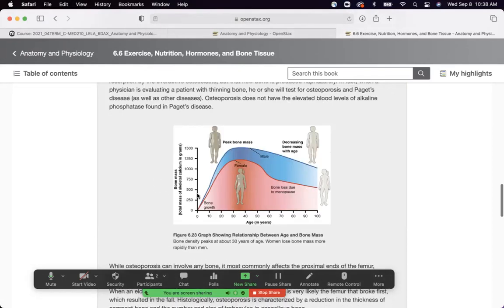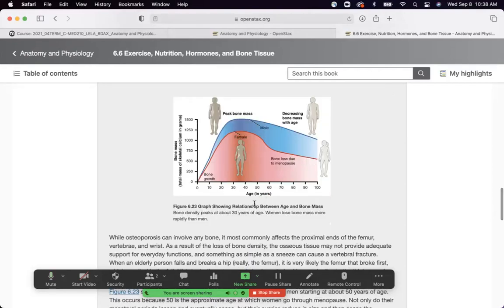And of course, aging, what happens? You have decreasing bone mass with age, and especially women. Why women? Why women more than men? Because women have babies, and the bone resorption of turning calcium in the bones into milk is very, very important in female physiology.